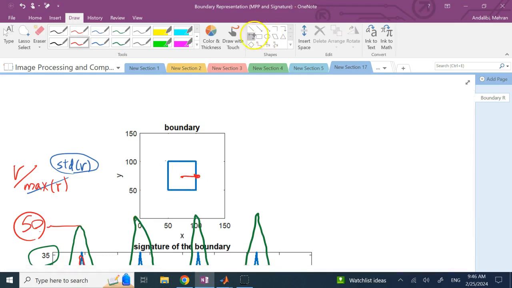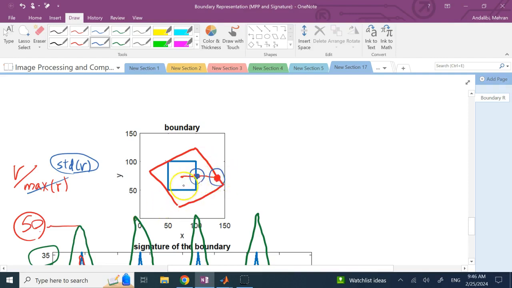But the problem is, if you have this scenario now, the shape is rotated. If you want to do the same thing, now you start from here. And clearly, the location of this red circle with respect to the red square is not the same as the location of the blue circle with respect to the blue square. Right here, this one is in the middle of the edge, this one is not. So in this case, you will get a shift in the data.